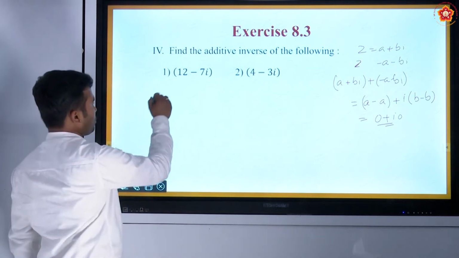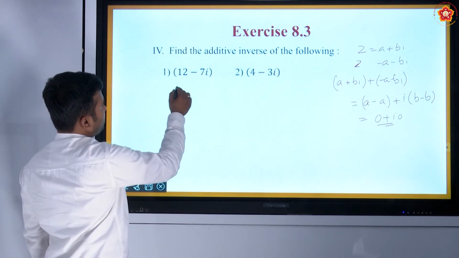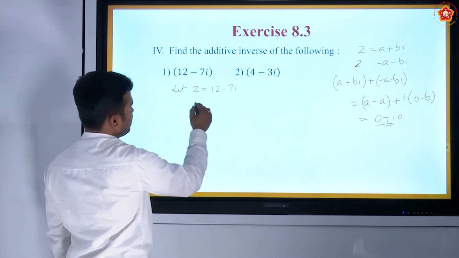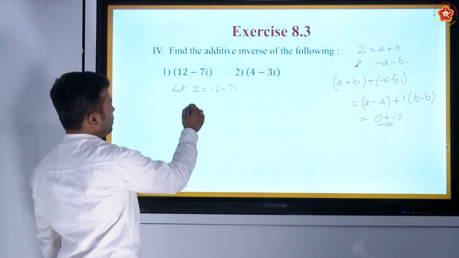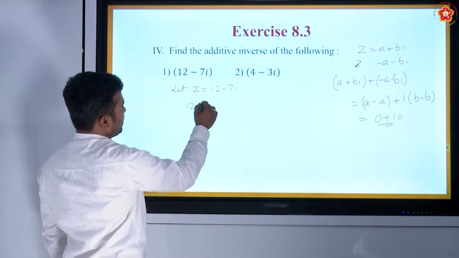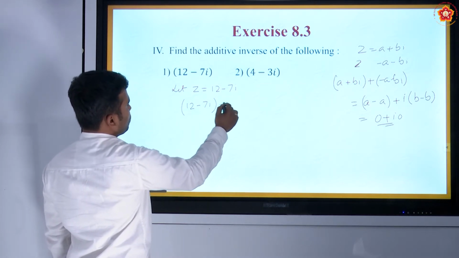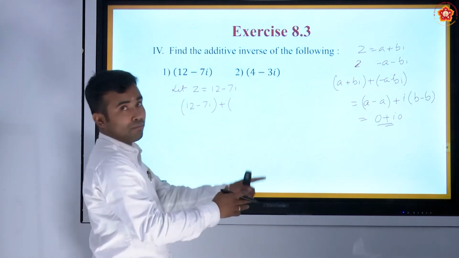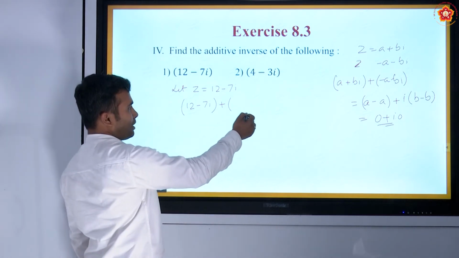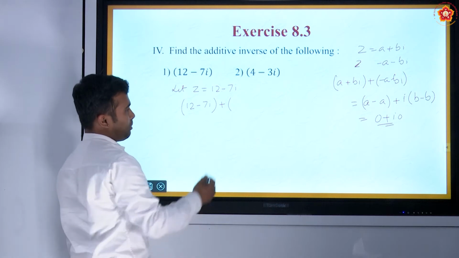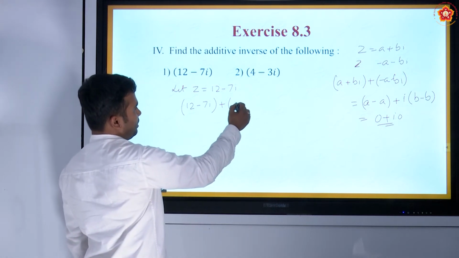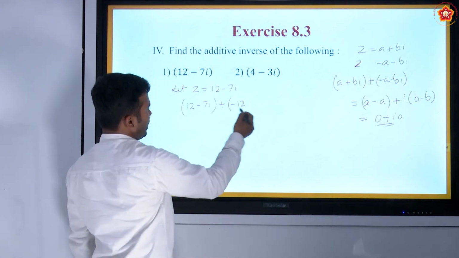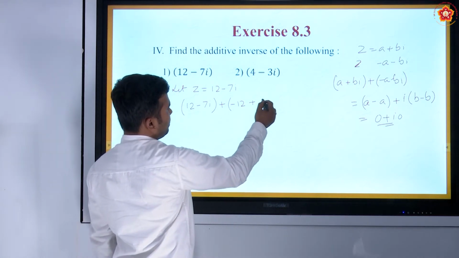So now let us do this. Let z be equal to 12 minus 7i, then its additive inverse minus z will be something we add to 12 minus 7i such that the sum gives 0. Here 12 is there, so if I add minus 12 to it, we get 0, and here minus 7i is there, so I will add plus 7i.